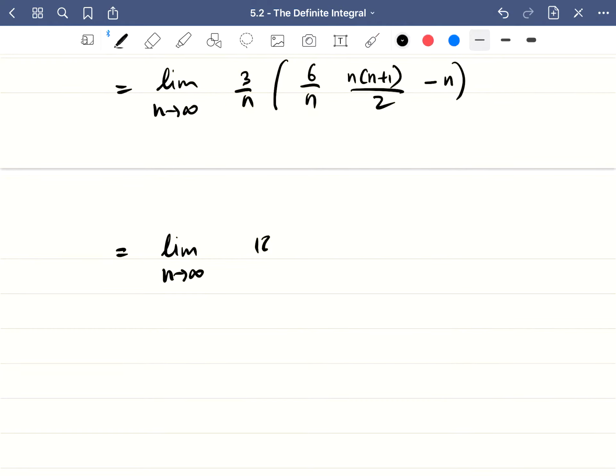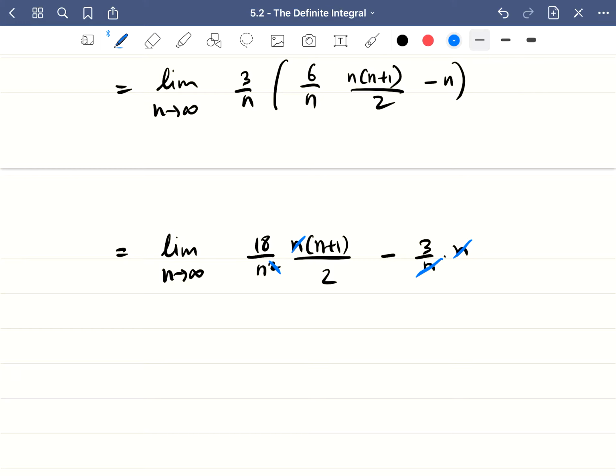So you have 18 over n squared times, now this part here is n squared plus n over, actually you can just simplify, so let me go back. I want to keep it as n times n plus 1 over 2 minus 3 over n times n. Now you can simplify some things. You can simplify this n and this n, this n and n here.